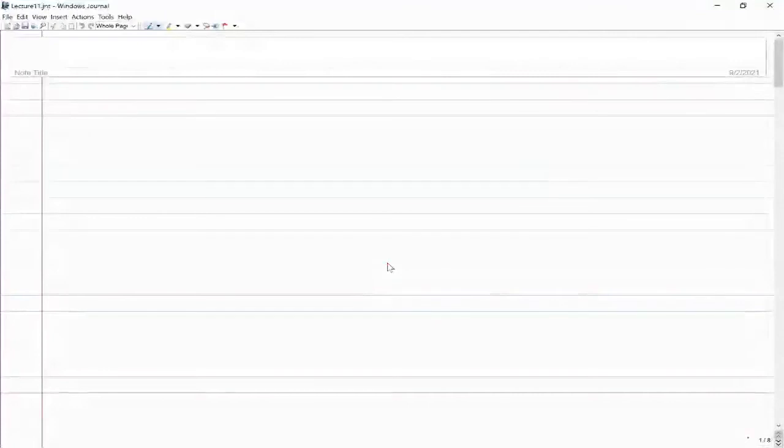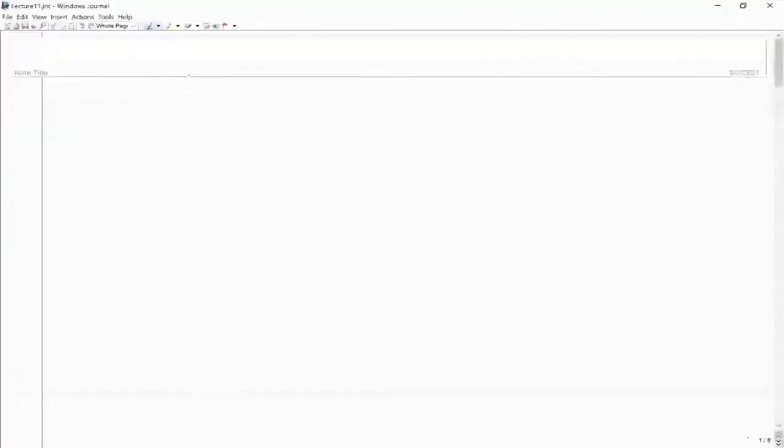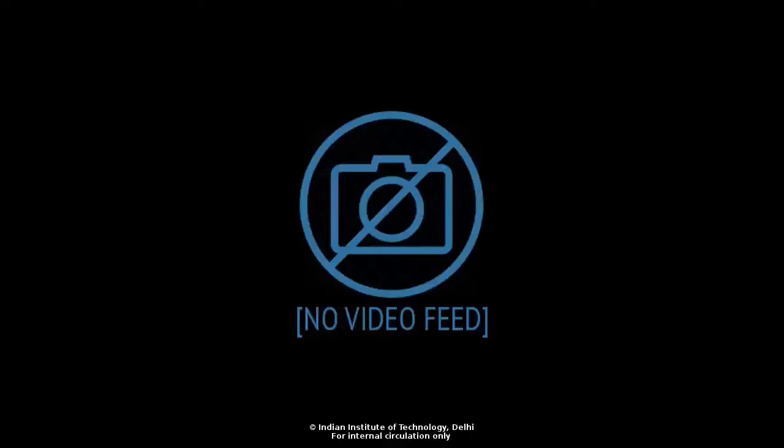So last class I was just discussing methods to eliminate shear locking. I'm not able to write on the screen, so let me close and then open it again.